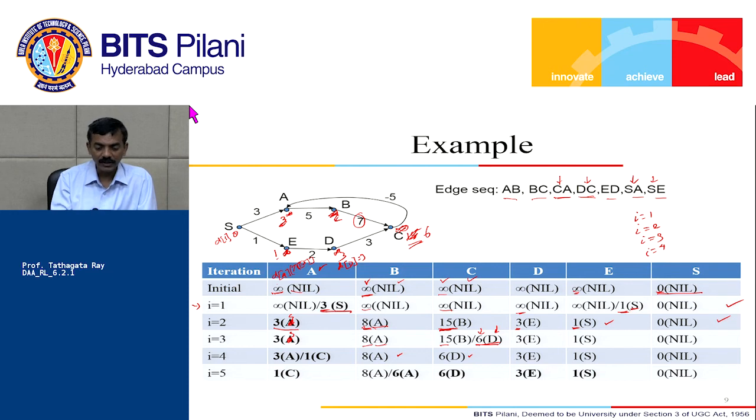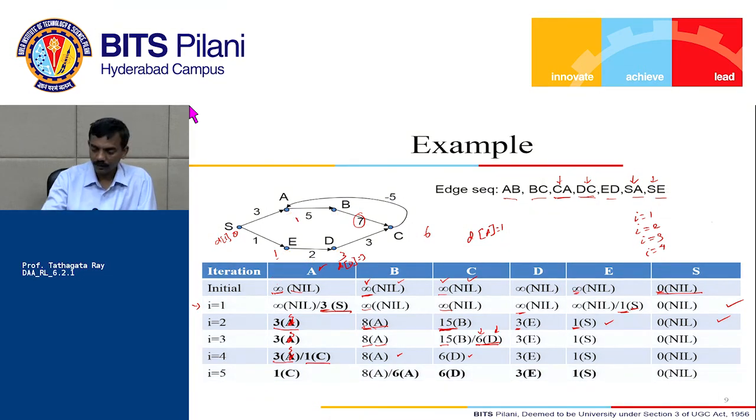CA, now CA is 6 plus minus 5, which is 1. And 1 is less than 3, so it gets updated. That means DA becomes now 1 and the parent is C. That means you have to come through the vertex C. Fine. So this becomes now 1.